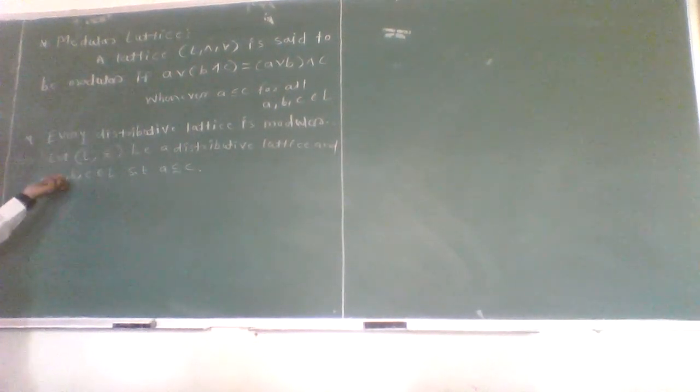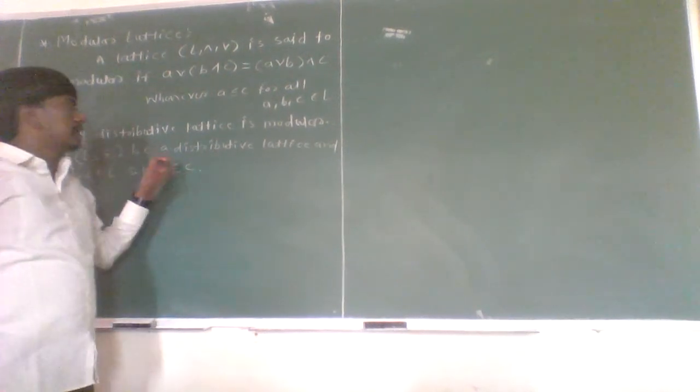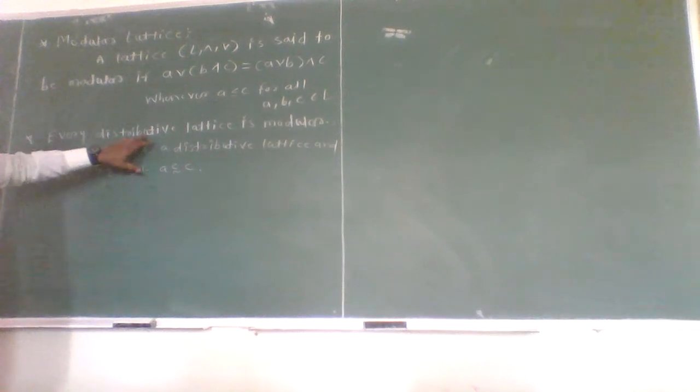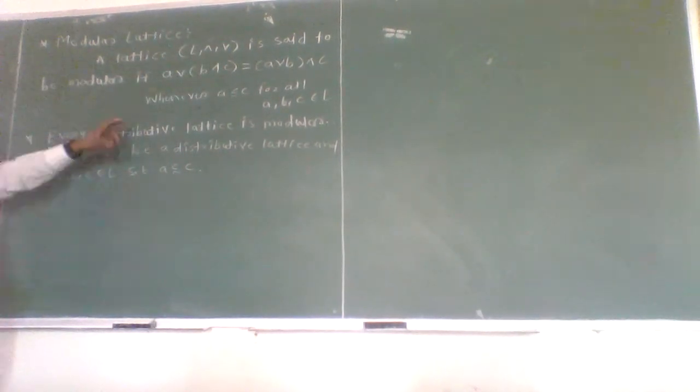So here, as we have to show that every distributive lattice is a modular lattice, first let us consider L to be any distributive lattice, and A, B, C are any three elements belonging to L such that A precedes C. Then we have to prove that it holds the modular condition.